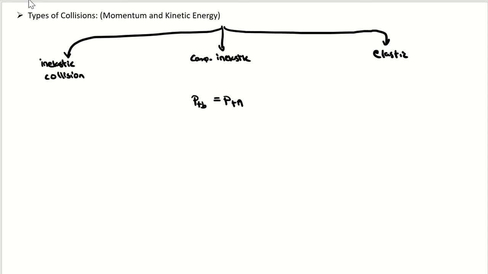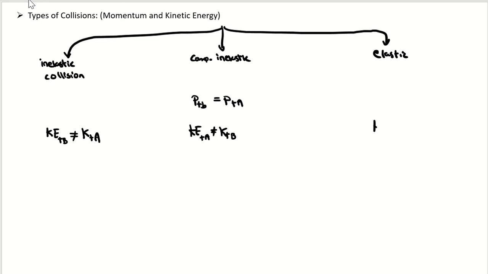So for example, in the inelastic collision, the total kinetic energy before collision is not equal to the total kinetic energy after collision, and the same goes for the completely inelastic situation. So here also, the total kinetic energy before and after are not equal, okay?